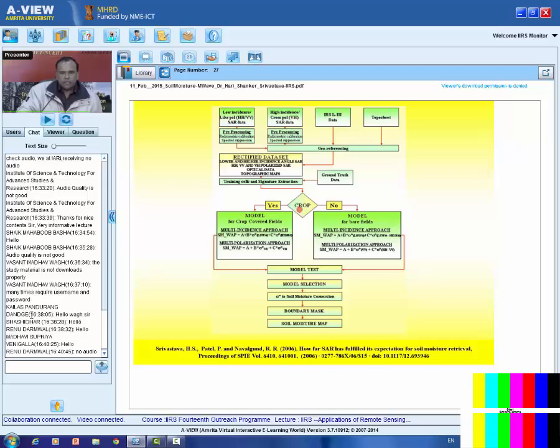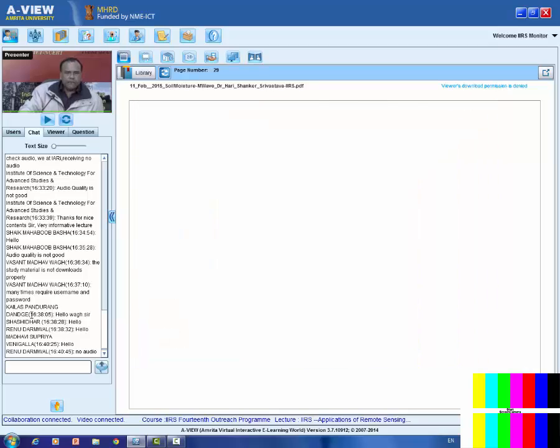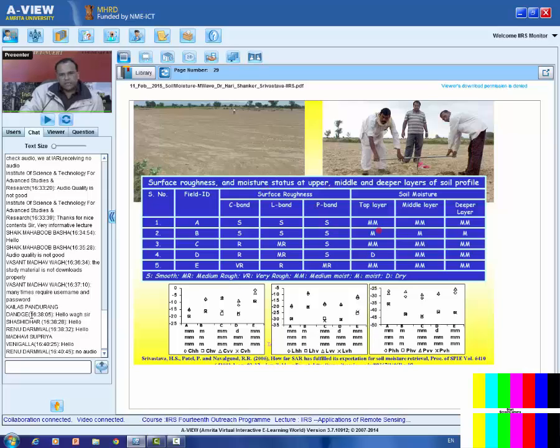So coming to the point. This methodology we have developed here at ISRO, and here you can use either multi-incidence angle data or multi-polarized data. These results are from published papers, so you can go into the detail of even a minute thing which has been mentioned here.